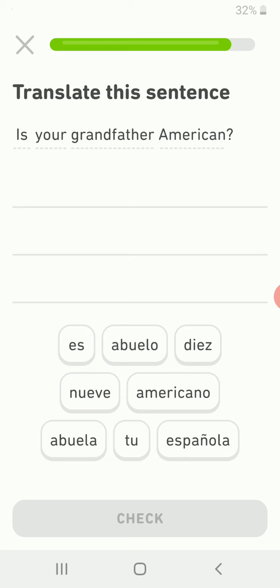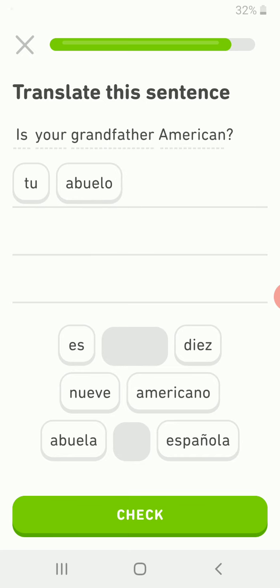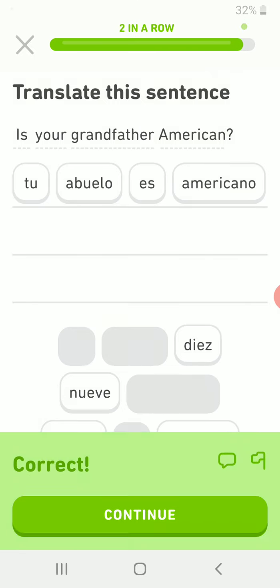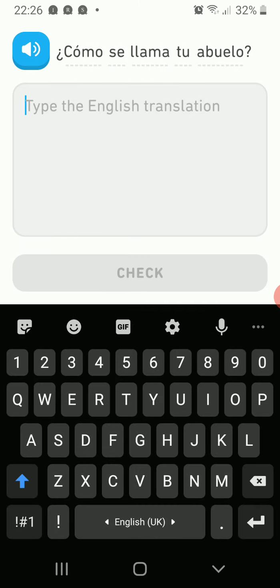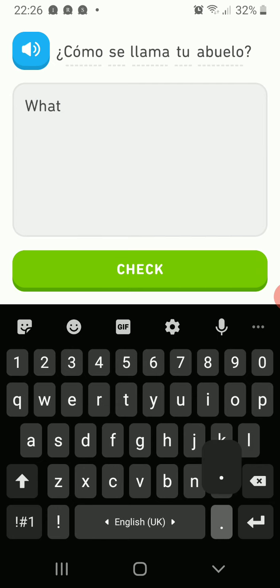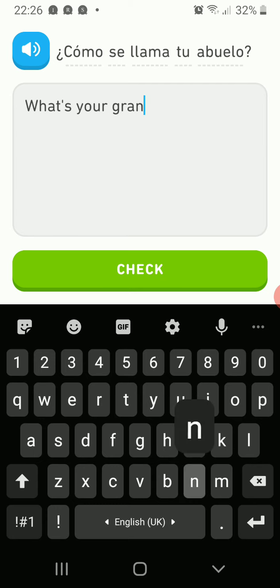So if your grandfather is American, tu abuelo es americano. ¿Cómo se llama tu abuelo? Let's give it another try. What's your grandfather's name? Here is a trick: apostrophe s is possessive.